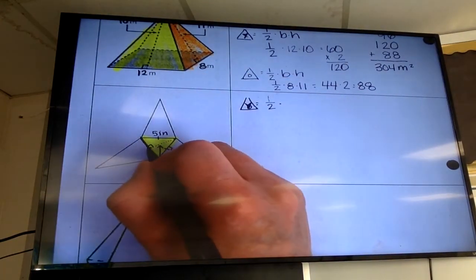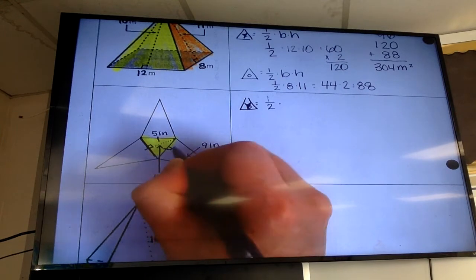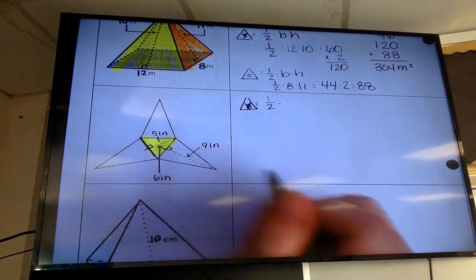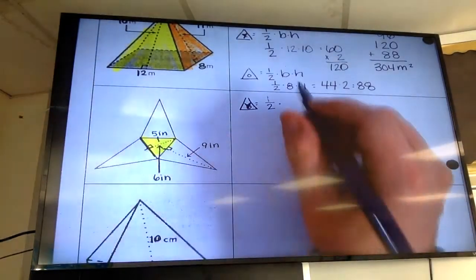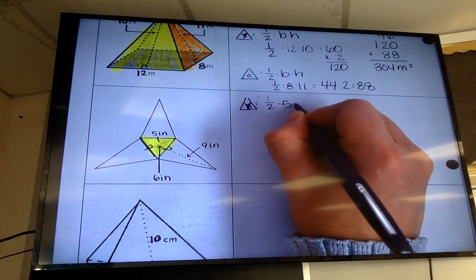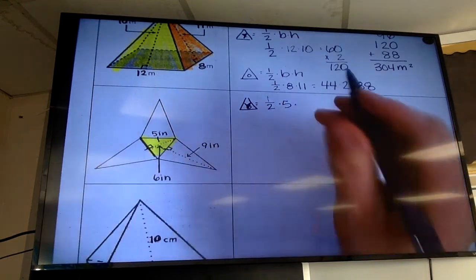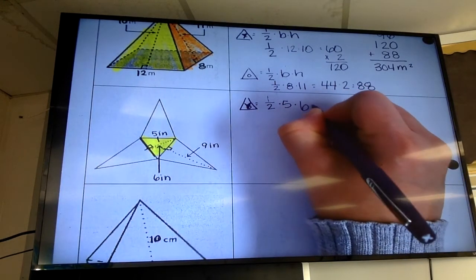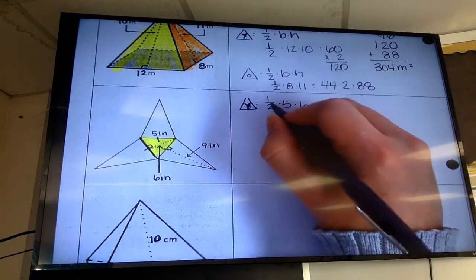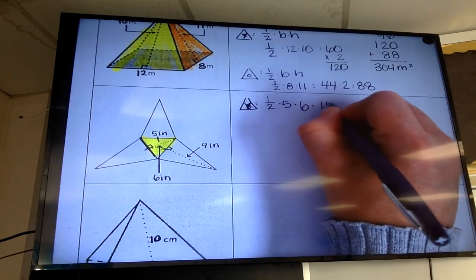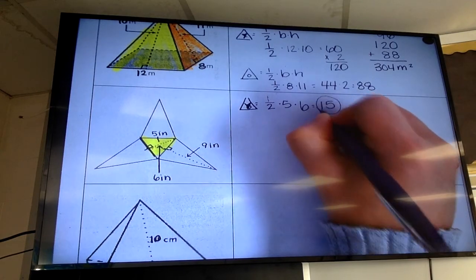I see the congruency lines on this triangle, which means all of the sides are congruent, and that's always going to be true for a triangular pyramid. So I'm going to say 5 times, and then the height. The height is this dotted line right here called the altitude line. That's times 6. So 1/2 of 6 is 3, and 3 times 5 is 15. I have to come back to that one.